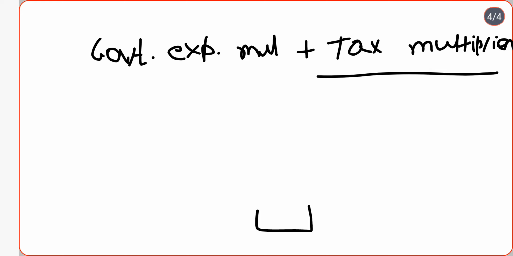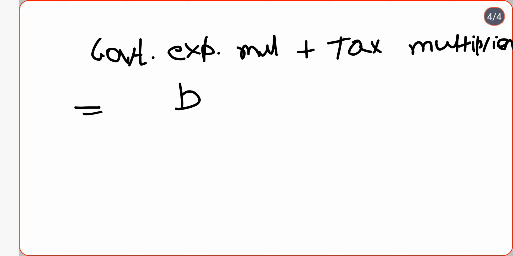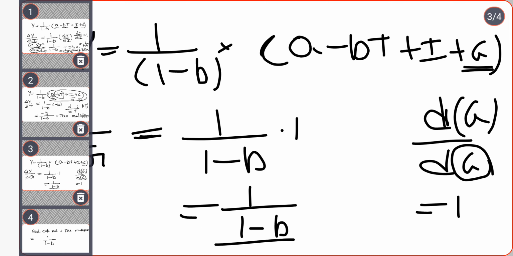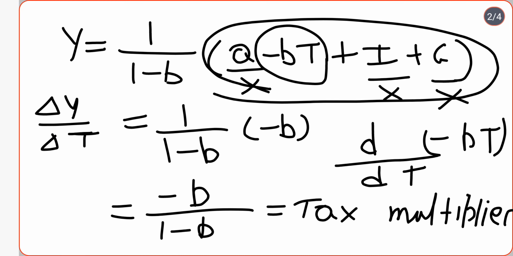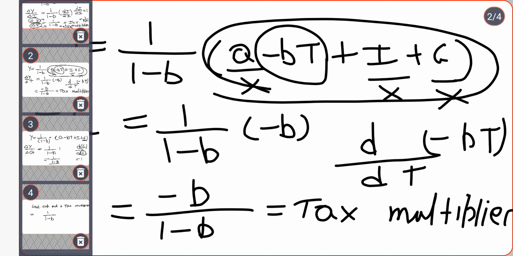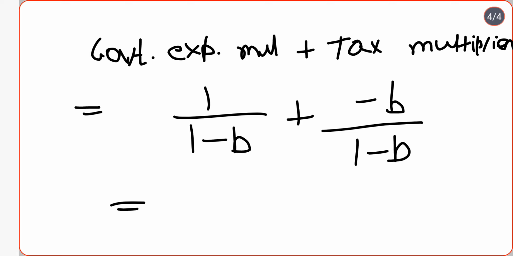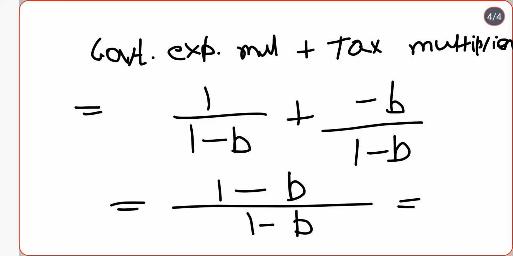Let us see. The government expenditure multiplier is 1 by 1 minus b. We have determined it. This is the government budget multiplier, 1 by 1 minus b, and the tax multiplier is minus b by 1 minus b. So if we add them, taking the LCM and doing the addition, we get 1 minus b by 1 minus b, that will be 1.